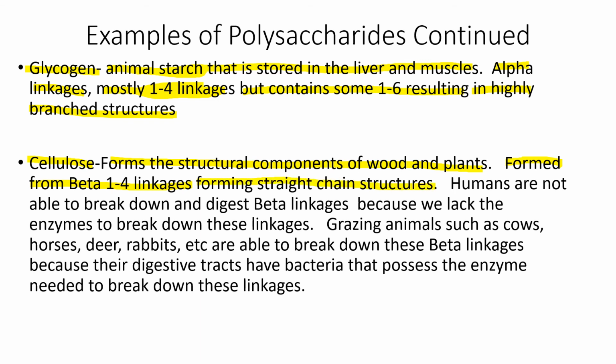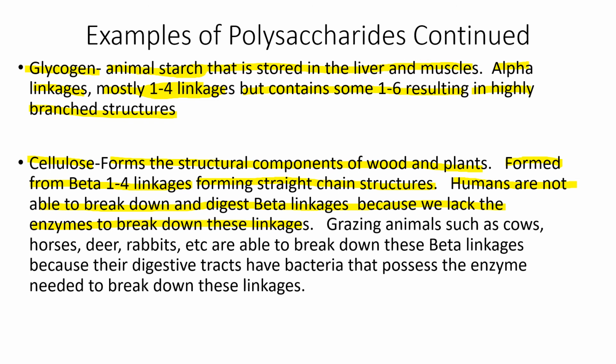And here's where that alpha versus beta difference is really, really important. Humans are not able to break down and digest these beta linkages because we lack the enzymes in our body in order to break down those linkages. So no matter how hungry you are, you could be literally starving to death.